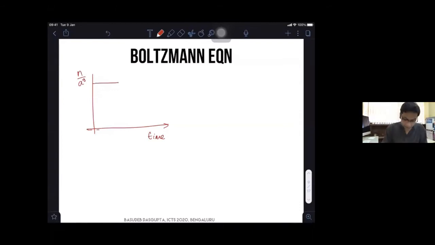Now once the time is such that the temperature becomes roughly the dark matter mass, this starts falling exponentially because of the e to the power minus m by T in the number density of dark matter.